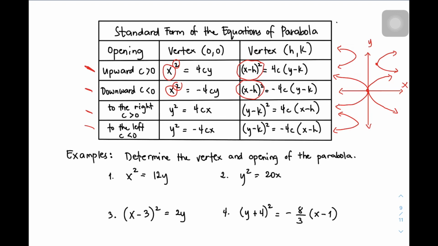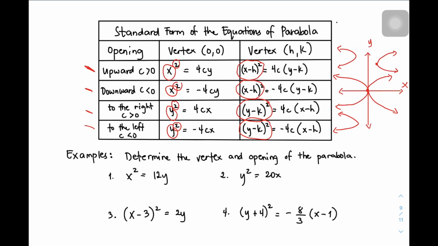Okay? So, next naman natin, sir, paano namin malalaman if the parabola opens to the left or to the right? Pansinin ninyo to, yung y variable ang merong squared. Ito rin, y variable ang squared. Yan yung pinaka-trick dyan para mas madali yung matandaan. Hindi ninyo kailangan tignan yung x. Hanapin ninyo kung anong variable yung merong square.